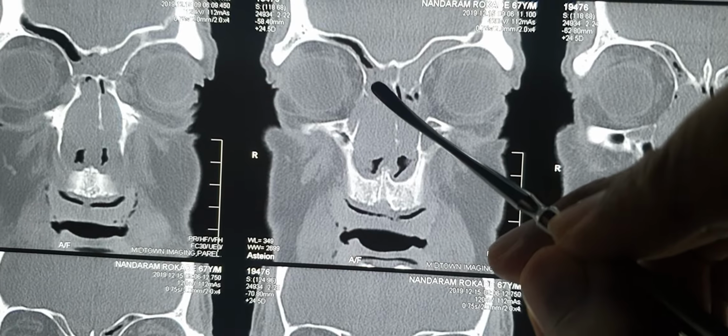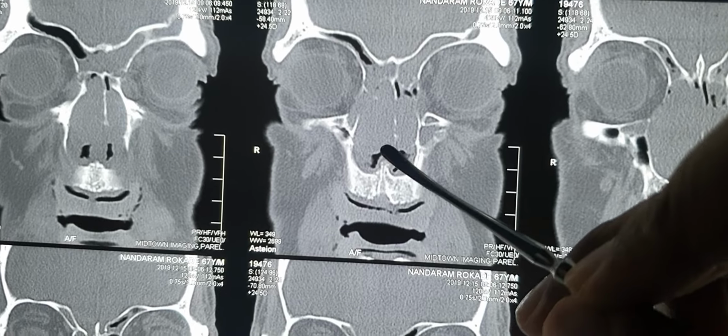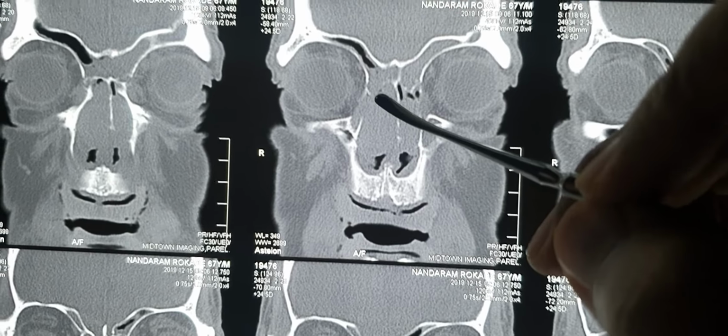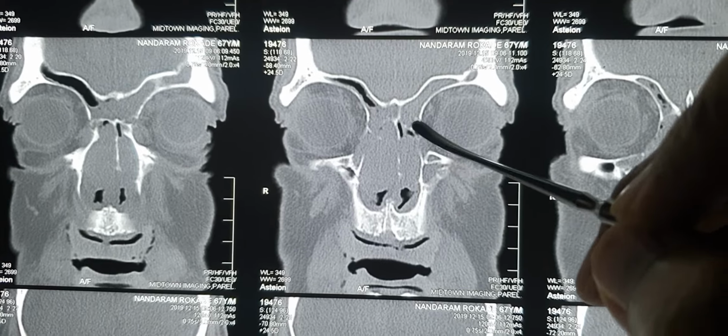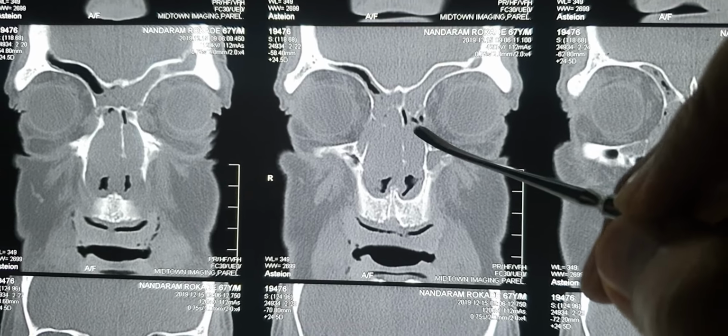Because of all the opacification, the anatomy is kind of distorted, so it's difficult to identify. So I can see here one cell, the anterior most cell. This is the agger nasi cell.